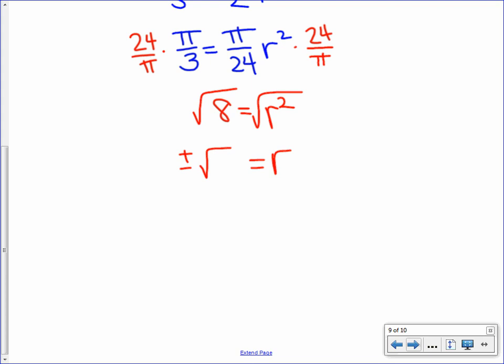Plus or minus radical 8. What is r representing? The radius. Can a radius be negative? No. So we're not going to worry about the negative. Our radius, and we probably want to simplify this, is 2 radical 2, and what would the label of the radius be? Centimeters, because we know our area was square centimeters.